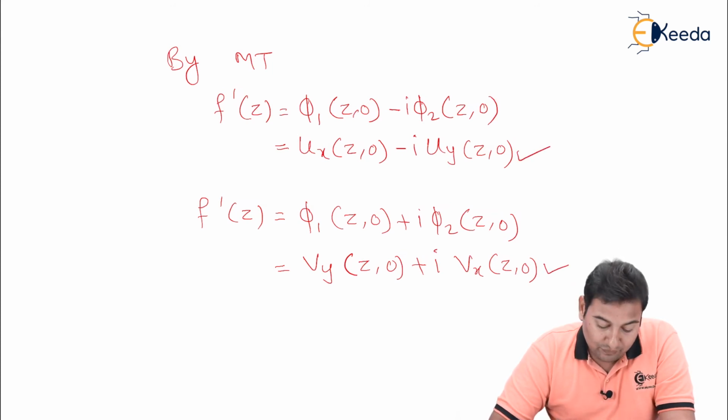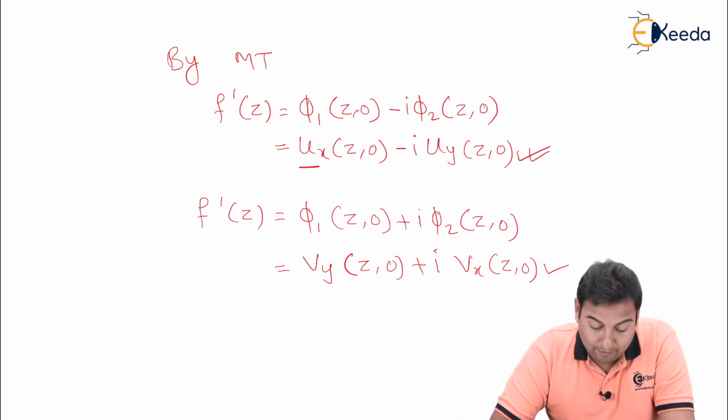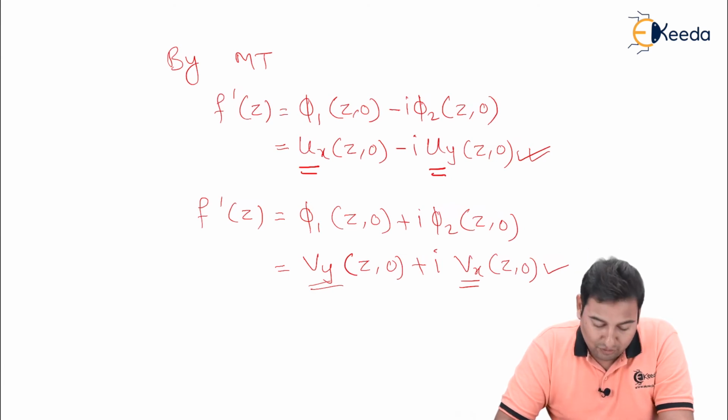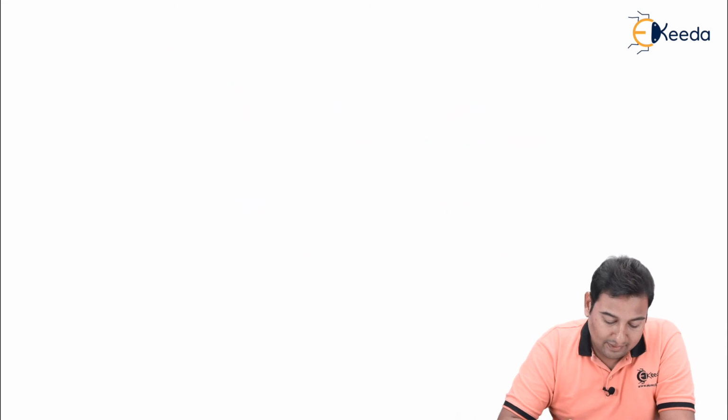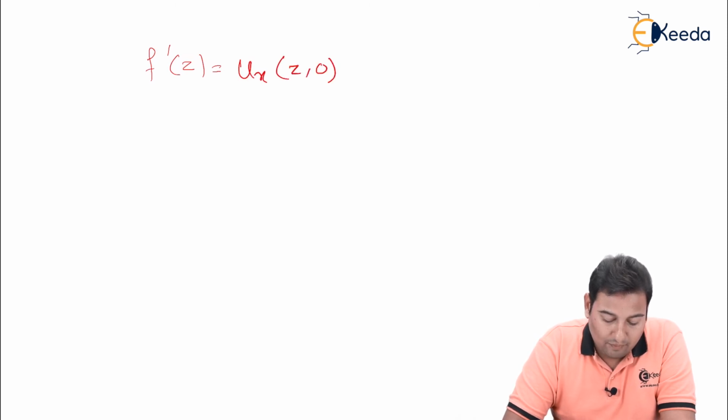If you use the first formula for finding f dash of z, you need to take both u partial derivatives, and if you go for the second, then you need to use both v derivatives. Here I'll be using the first formula. So f dash z is ux z comma 0 minus i times uy z comma 0.